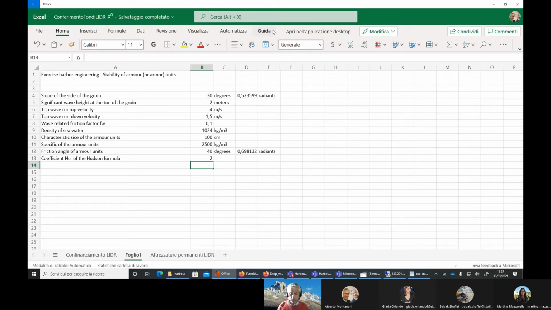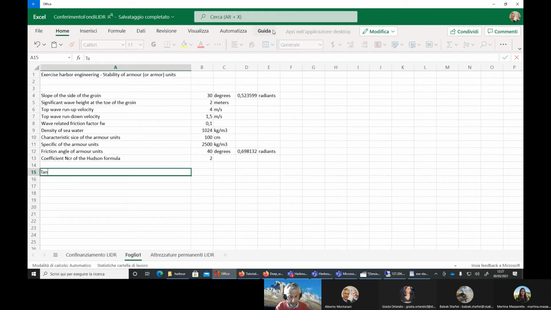First of all, we have to compute the shear stress by wave run up, and let me write it in this way. Tangential tension, shear stress, it's the same thing, by waves run up.